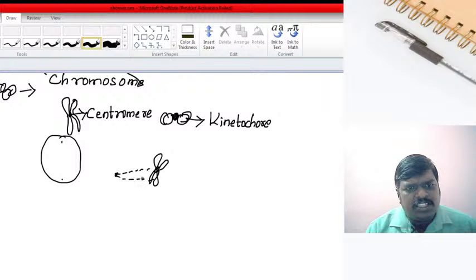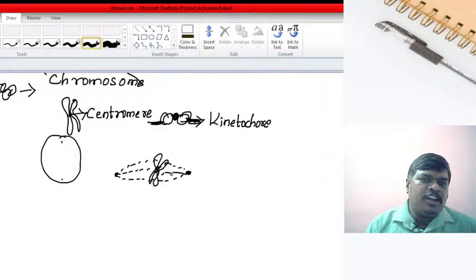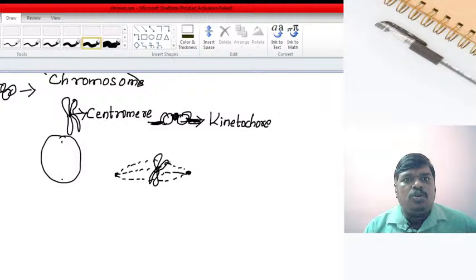These spindle fibers attach to the kinetochore like this. They get attached on both sides of the centrioles.